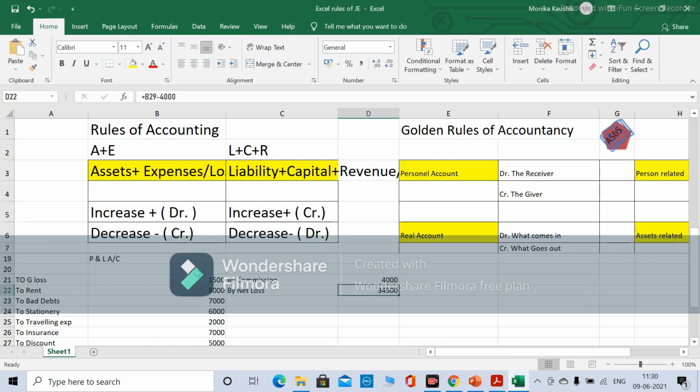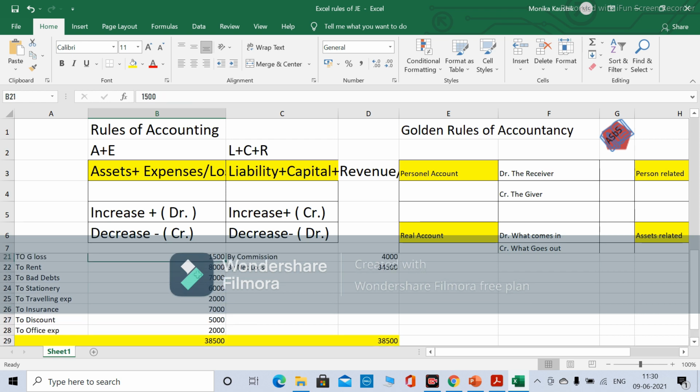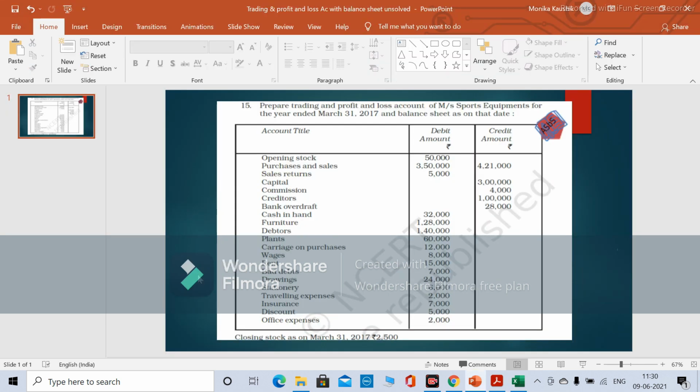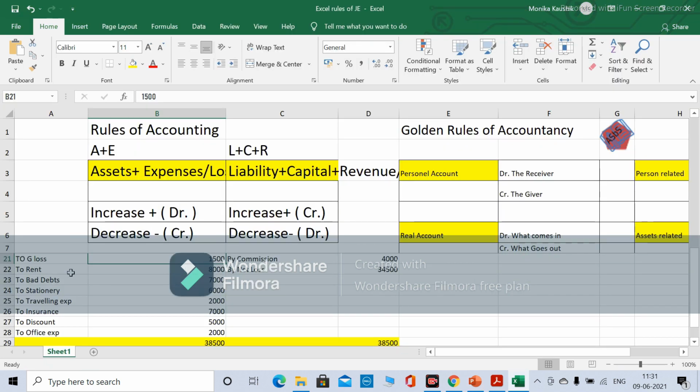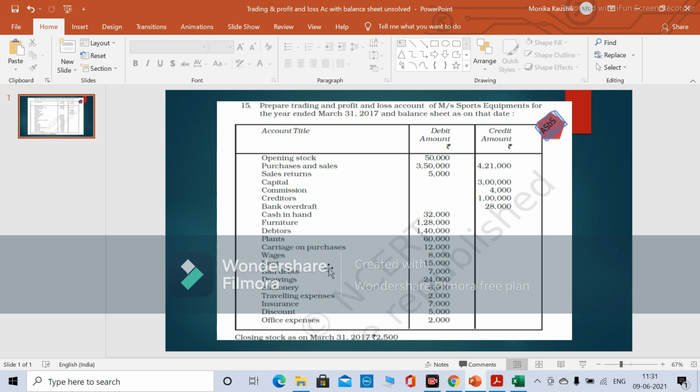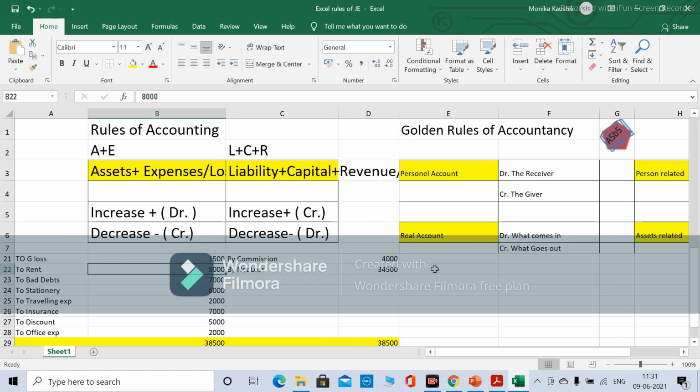So guys, just make a practice to recheck it. Okay. Gross loss 8,000 rupees to rent. See, here I have mentioned and I was in doubt that I have taken something wrong. See, rent I have mentioned 8,000 rupees, however given is 15,000 rupees. Right?